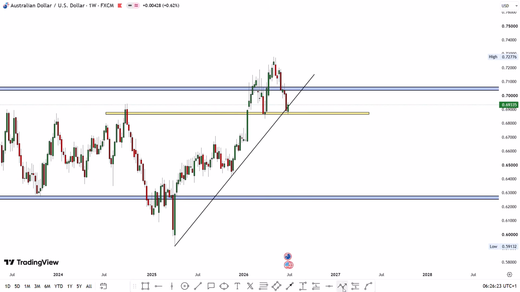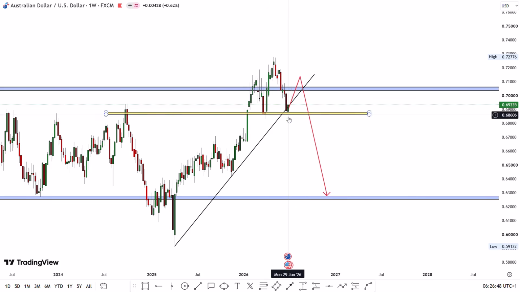So my first scenario on AUDUSD, and if you want to know how I came about this analysis, check the previous video, because it analyzed AUDUSD clearly from a higher time frame. I don't want to do that today because we don't really have much time. On AUDUSD, you can see I'm expecting a potential head and shoulders pattern.